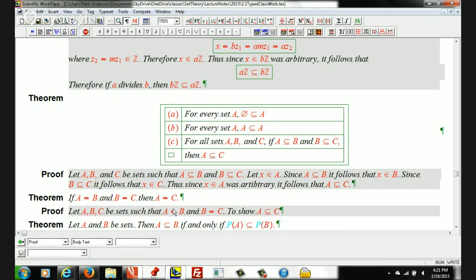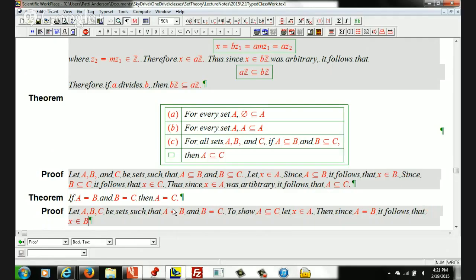To show A is contained in C, let X be in A. Then I know that A equals B, so X has to be in B, right? Since B equals C, I know that X has to be in C. Thus, since X in A was arbitrary, I know that A is contained in C.